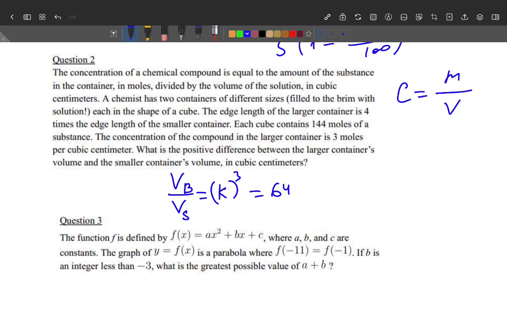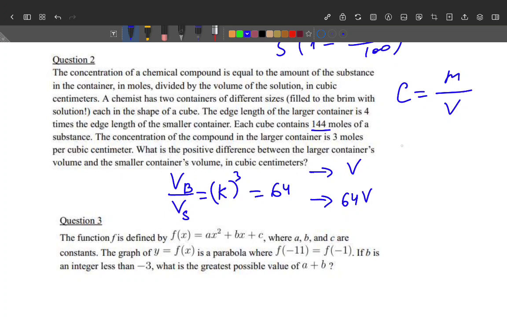It means 64. And I can conclude that if the volume of the smaller is V, the bigger will be 64V. And each cube contains 144 moles of a substance.